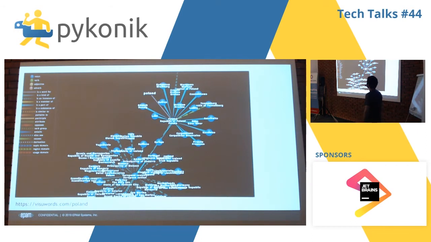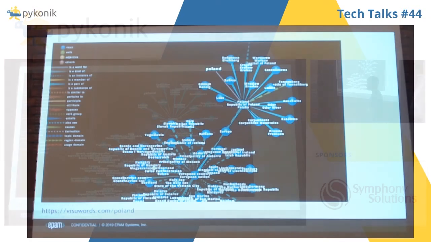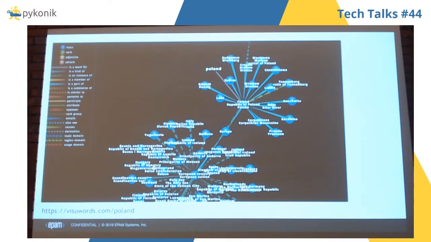So that's how WordNet looks like. When I get the definition of Poland, it gives me a graph. First of all, it says Poland, Republic of Poland, or Polska, the Polish version of Poland, and the longer form of the name. It gives me some cities under Poland, for instance, Lodz, Krakow, or Warsaw.